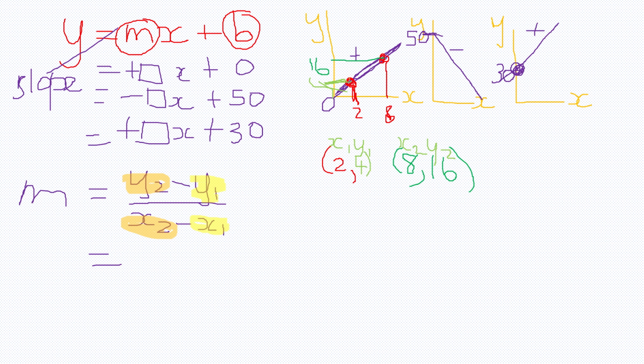All you need to do now is substitute the values into the equation. y2 will be 16 minus y1, which is 4.